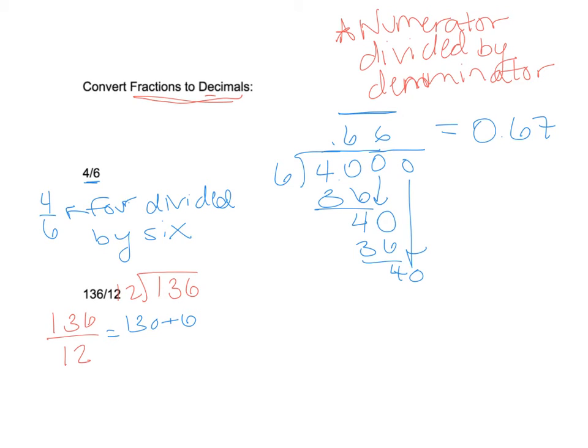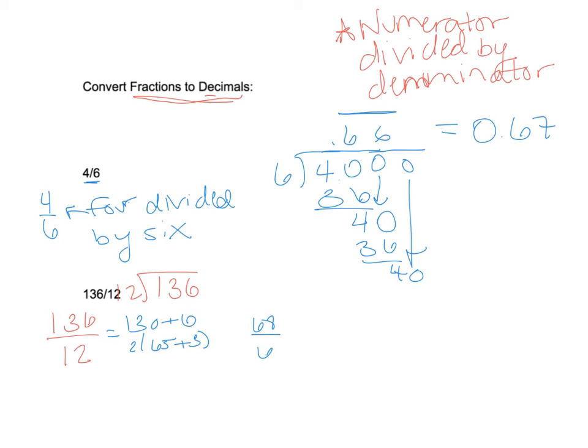So I know both of these numbers are divisible by 2. 130 divided by 2 is 65, and 6 divided by 2 is 3, which leaves me with 68 in the numerator. So that's 68 over, and 12 divided by 2 we know is 6.